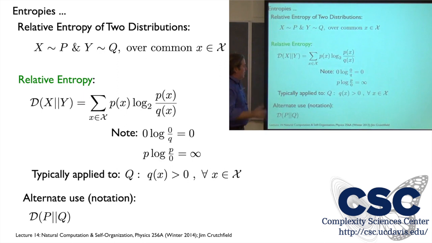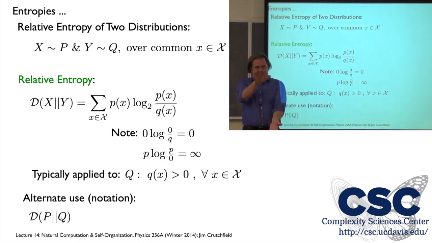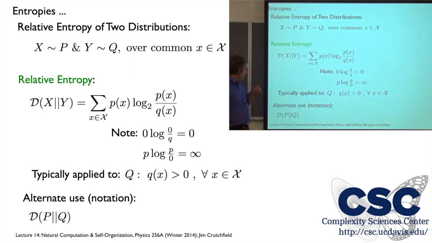So typically this gets used in situations where we have a common event space and all the events have positive probability. So typically it's applied in the case where, under the q distribution, all the events have positive probability. So sometimes instead of putting the random variables in, we'll put the distributions in.